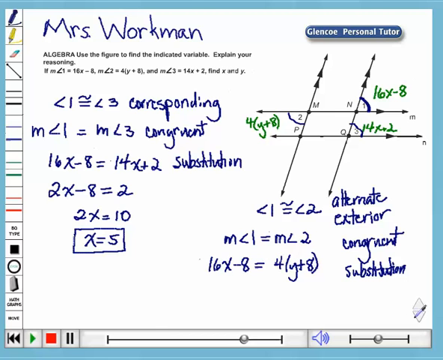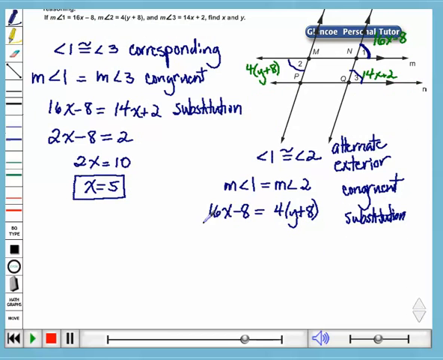So we have used some geometry, and we have now an algebra equation to solve. Now this particular algebra equation contains two variables. However, in the first part of the problem we determined that x was 5. So right here I can do another substitution for x, and when I do, then I just have one unknown, the y, in the resulting equation.